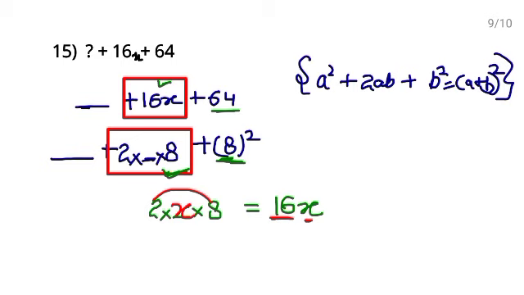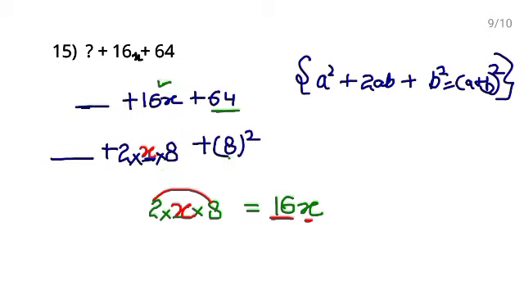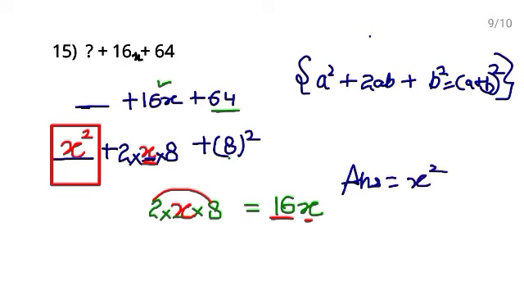We should multiply it by x, right? So we will put here x. And students, if a is x and we write here a square, so we can write here x square. Clear? So the value of question mark will be x square. Your answer is x square.